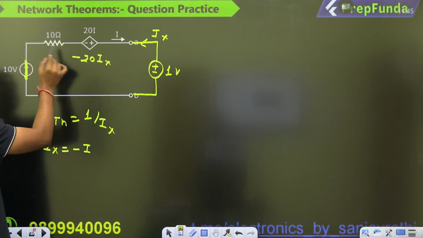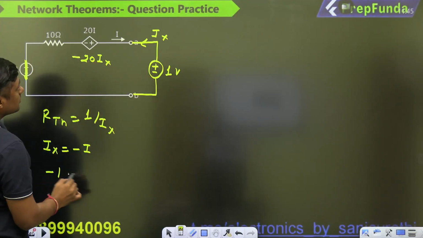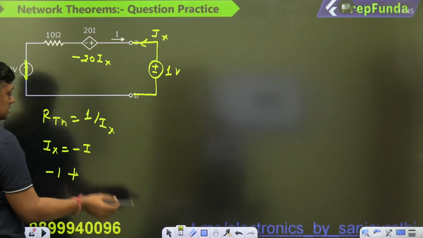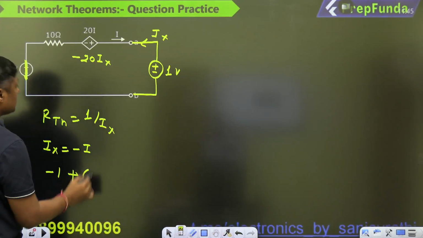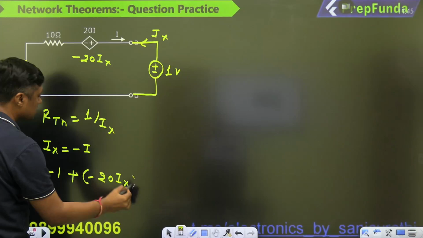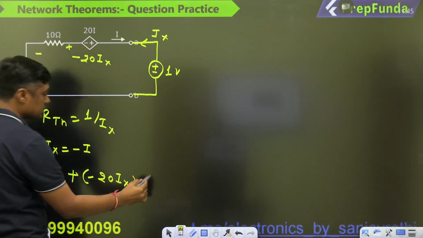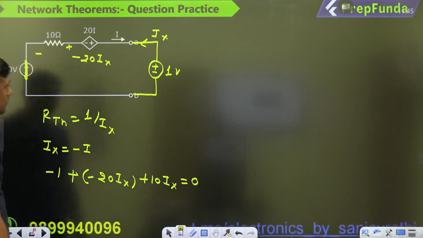Write down the KVL. So you can write minus 1. This is a plus, but actually it is a minus, so you have to write the minus. Plus minus 20 Ix. The same current Ix flows, 10 times Ix, is equal to 0.